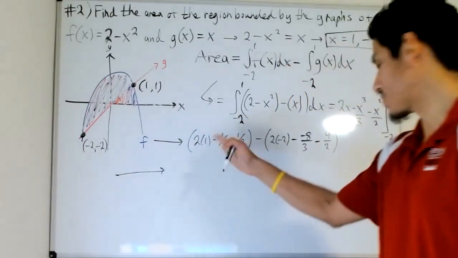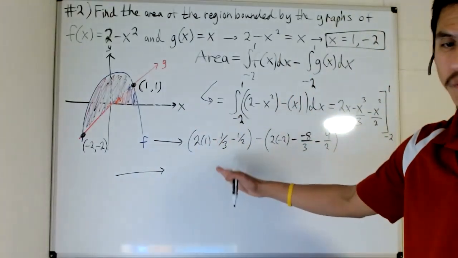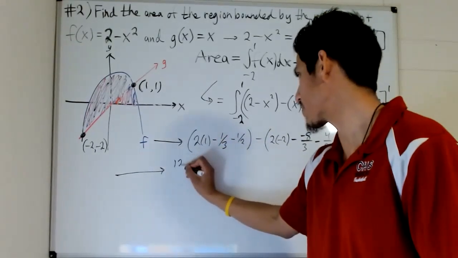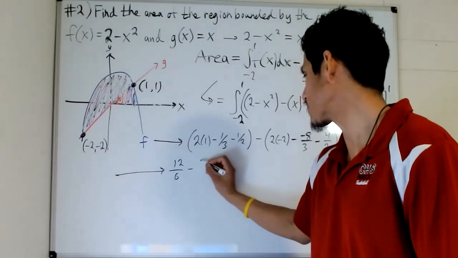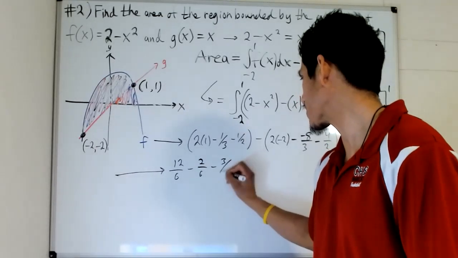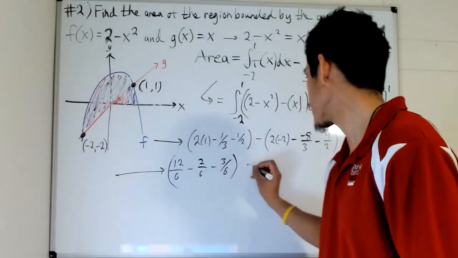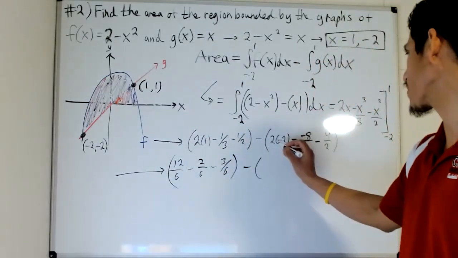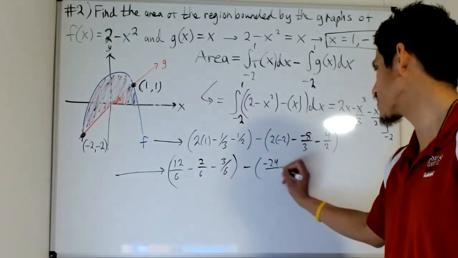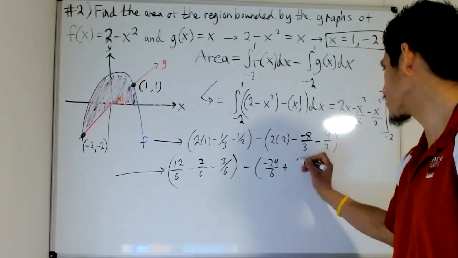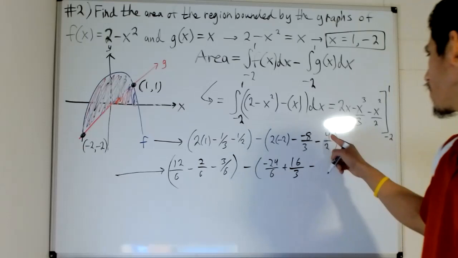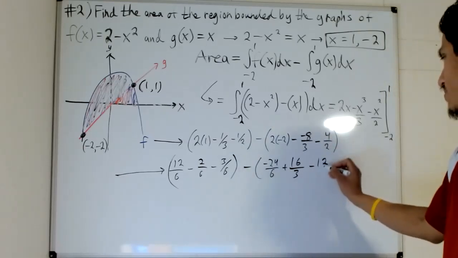So you can make these all in terms of 6. So 12/6 minus 2/6 minus 3/6 minus -4 times 6, that's -24/6, plus 16/6, minus 12/6, because 2 is just 12/6.